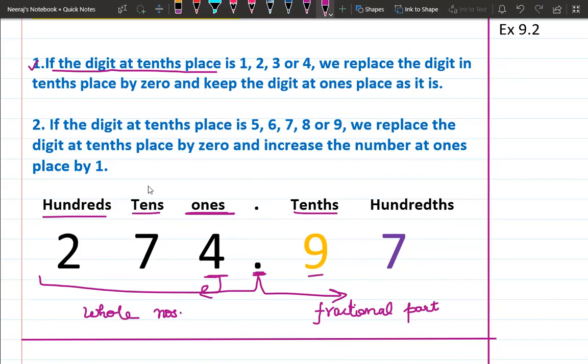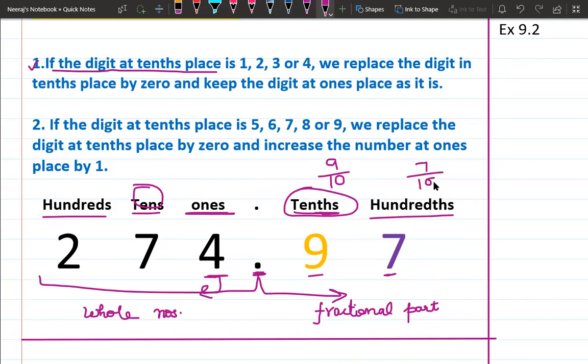It's not the tens place, because there is a lot of difference between tens and tenths. Why is it tenths? Because it has a base of 10, right? Base 10 means the numerator is 9 and the denominator is 10. That's why it comes in p by q form, the fractional part. In the same way, 7 is in the hundredths place, which means the denominator is 100.